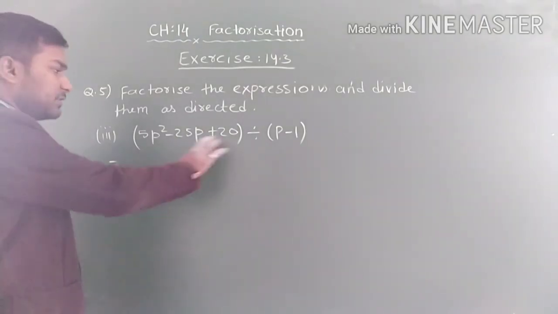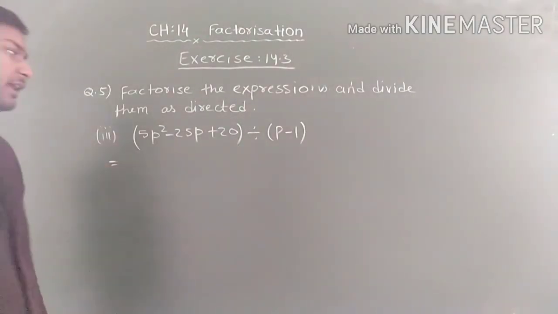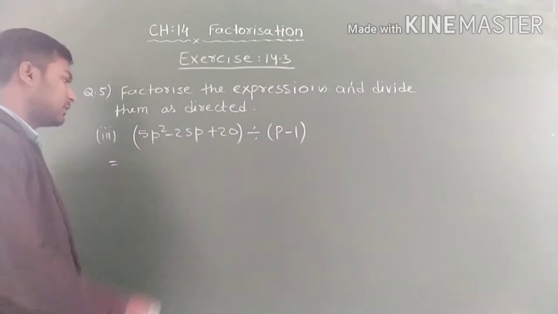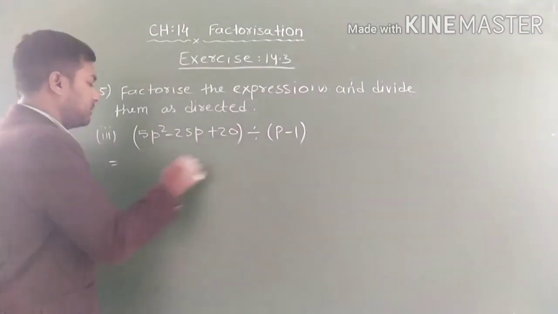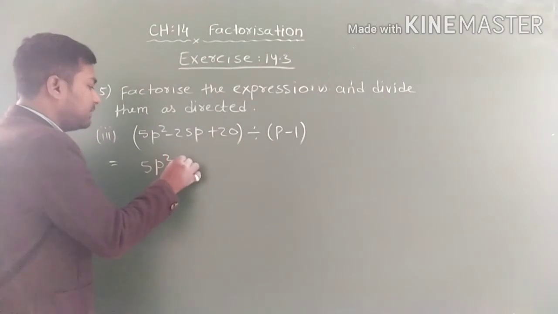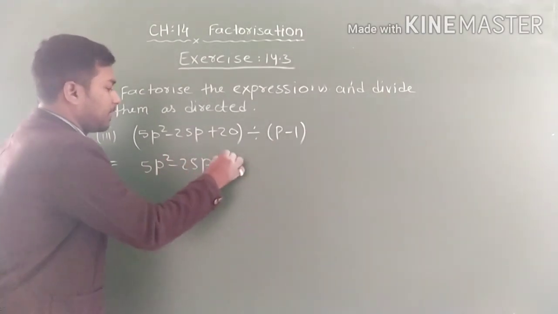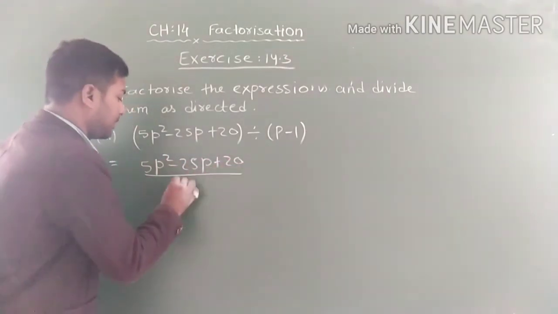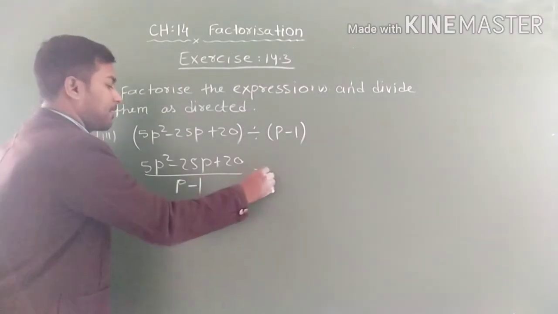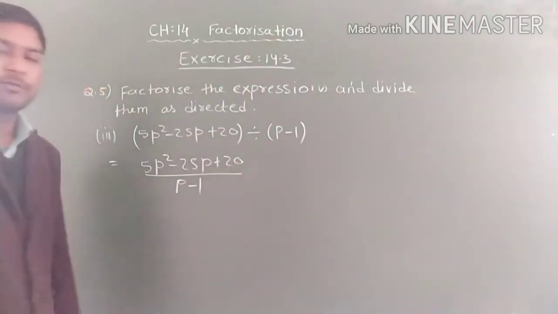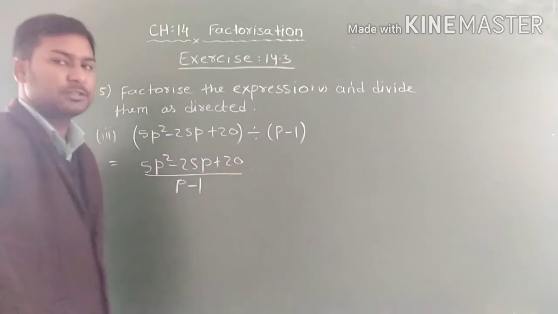The expression is given. Now again we have to do the same process. So this is first term, this is second term. So this will be 5p square minus... we have to find the factor of numerator.